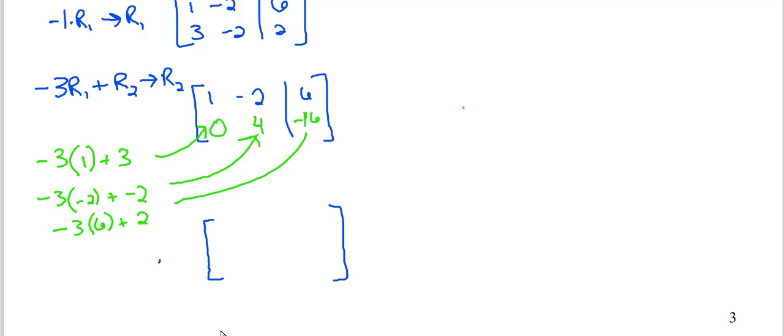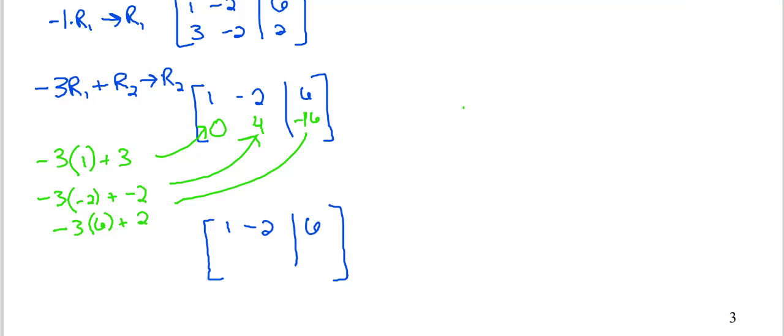So we work to get the first column the way we want it. Then we move over to the second column and we work to get it the way we want it. Where this -2 is, we want a 0. Where the 4 is, we want a 1. Always get the 1 first, meaning I am not going to change my top row right now.